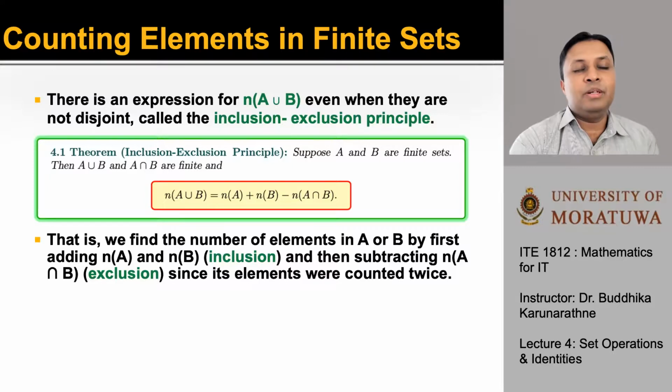What do we exclude? We exclude whatever elements are in the intersection of A and B. Why do we do that? Otherwise, they will be counted twice, because we already counted them when we included the elements from A and B. In order to remove the duplication, we need to subtract the number of elements that were in the intersection set.